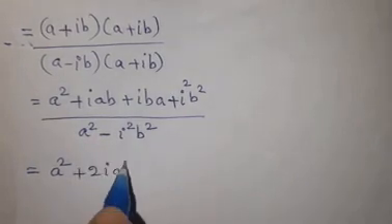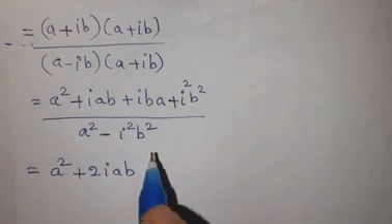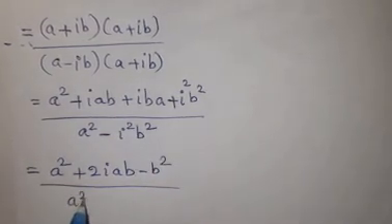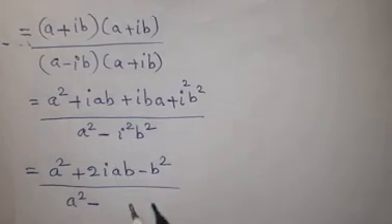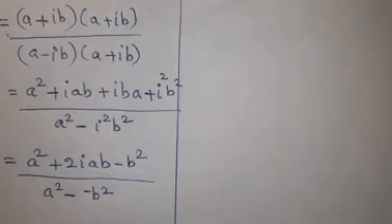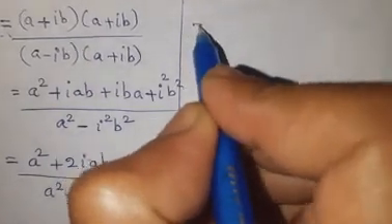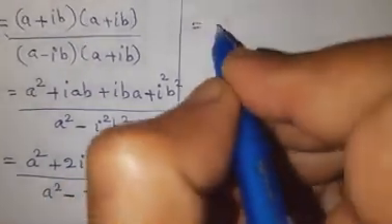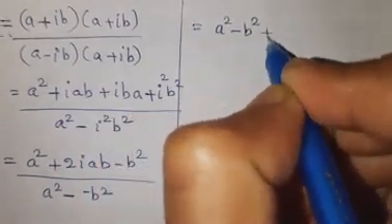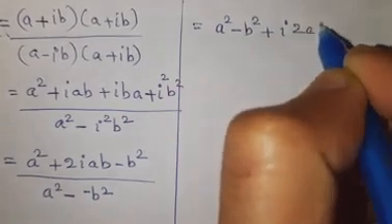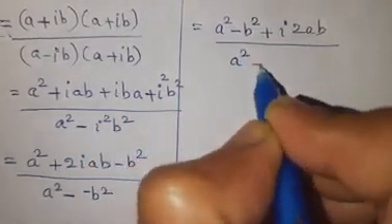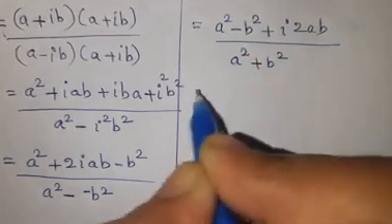2iab, i square b square; a square minus i square b square is a square plus b square. Okay. Now a square minus b square, the real terms, written together, plus i into 2ab divided by a square minus i square b square, which is a square plus b square.